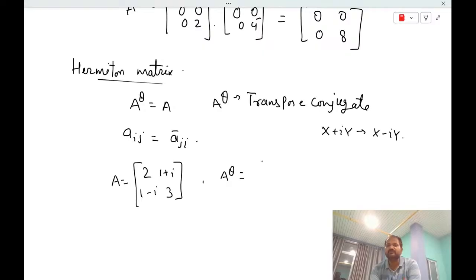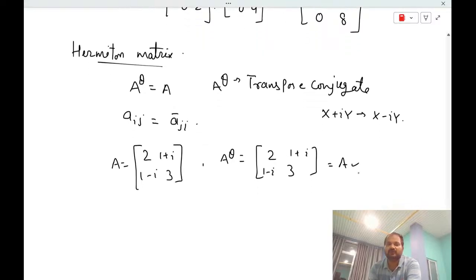It is the transpose of the conjugate, meaning changing the sign of positive to negative and negative to positive. It is possible only in complex numbers. So the diagonal elements will be the same, 2 and 3, and it will be 1 minus i here and 1 plus i there. So you can see it is equal to A. So it is called a Hermitian matrix.